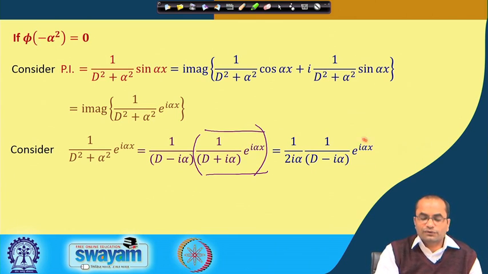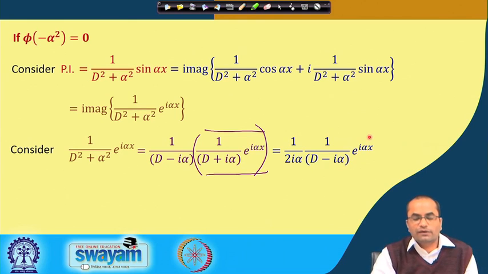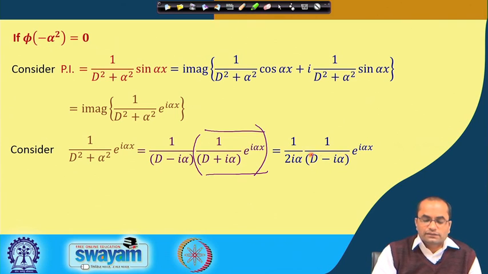Now, finally, 1 over d minus I alpha on e power I alpha x, and this is precisely the case which was also discussed separately, that this is becoming 0 when we directly substitute d here, but we have derived the formula, and that says the value of this will be x over factorial 1 and the same e power I alpha x.